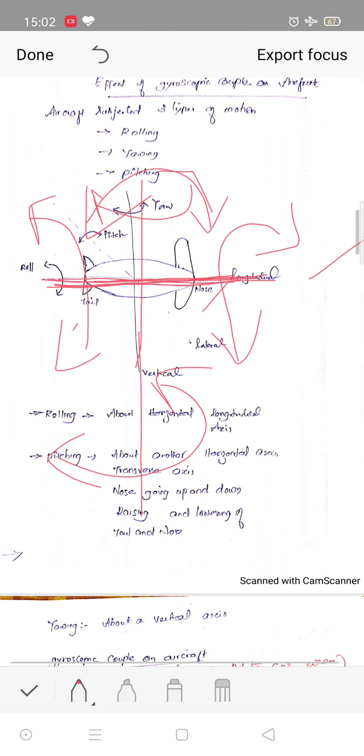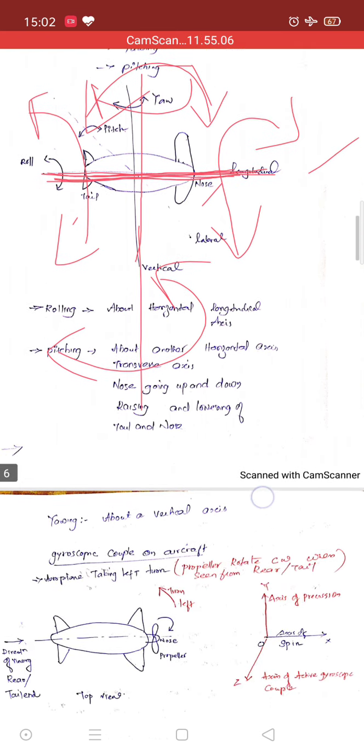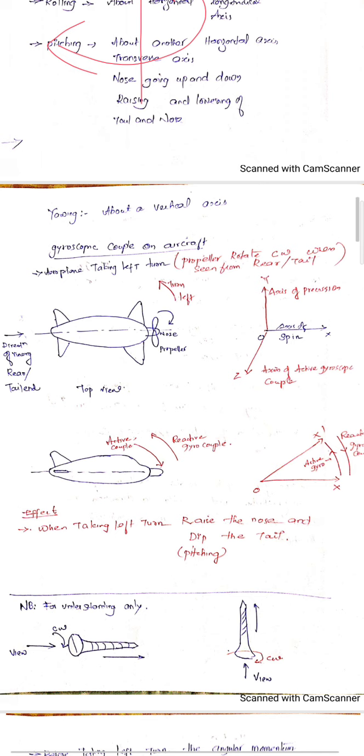Understood? We will go into detail on how the gyroscopic couple affects the aircraft when it takes a left turn and when it takes a right turn. Make sure that you have understood this concept properly, because if you do, the problems are very simple and you can do them very easily.